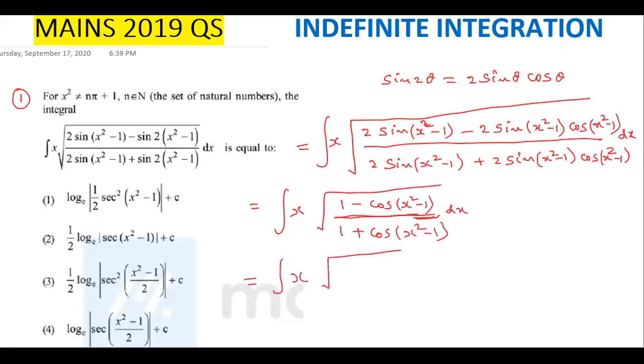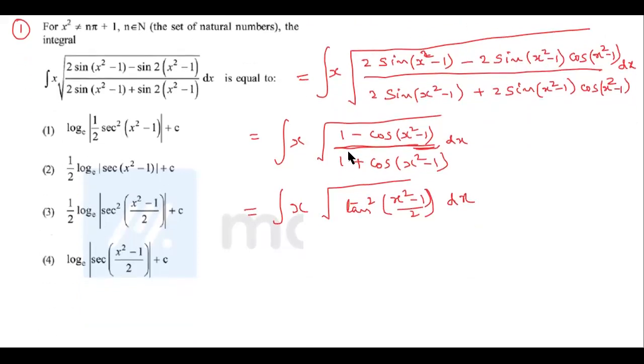So overall we get x into under root of tan square of (x square minus 1) by 2 dx. Here the square root cancels. Now we get integration x into tan of (x square minus 1) by 2 dx.